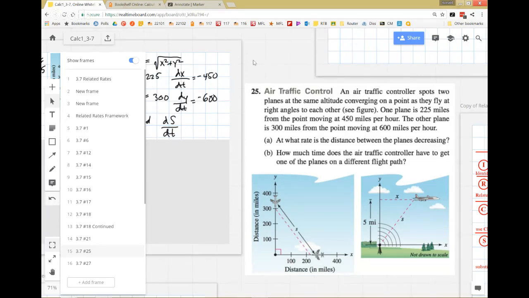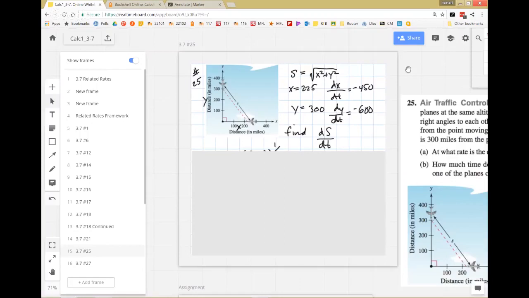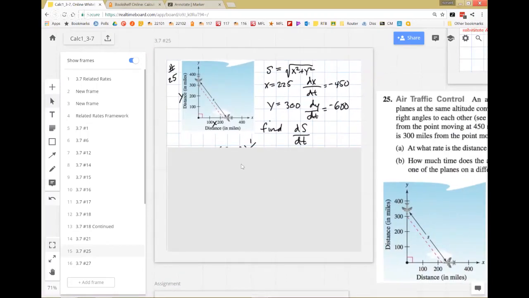Okay, so now we can get to the problem. So I've got it summed up. The only thing I added to the picture was this horizontal coordinate I'm calling X, this vertical coordinate I'm calling Y. And how do we relate them? The Pythagorean theorem.